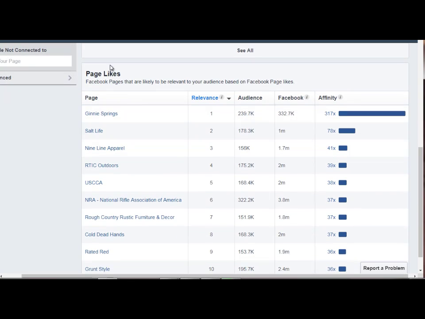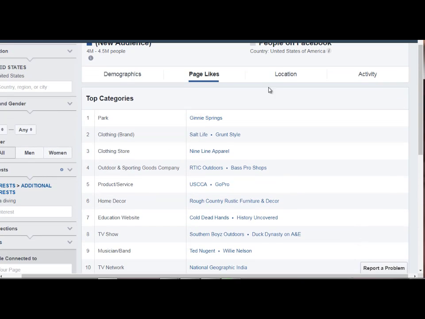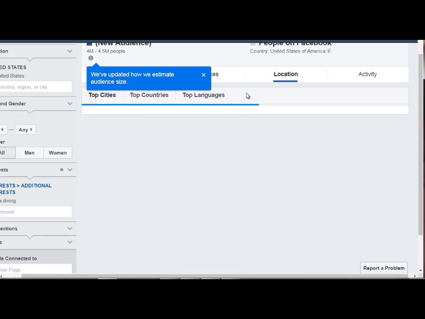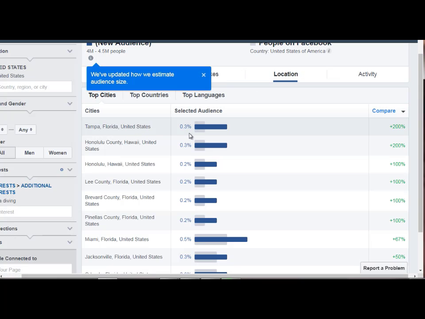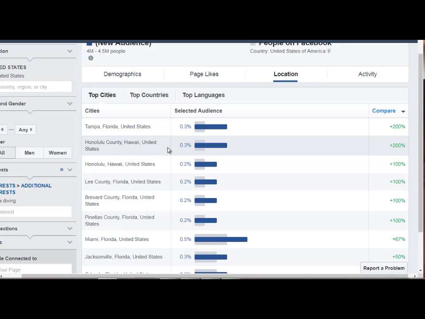So we go through, we see page likes, we can go visit the pages and take a look at what they like and get an idea of how they're interacting with the page, what content they're viewing, and all that. Now, if we scroll back to the top and click on location, this allows us to see the top cities. So we can see Tampa, Florida, and Honolulu, Hawaii.